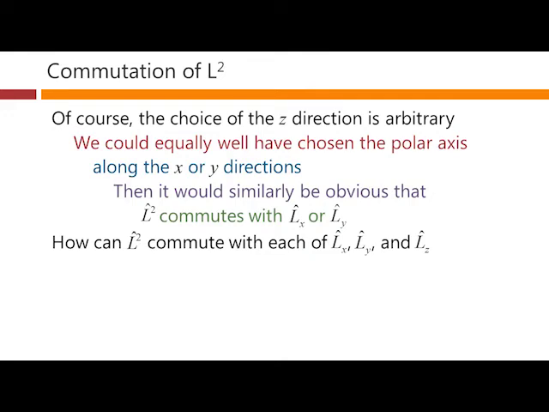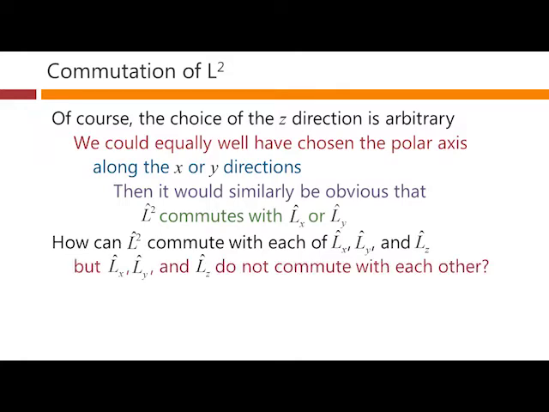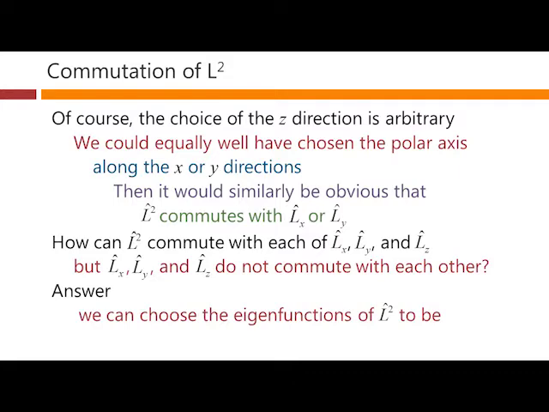How can it be that L squared can commute with each of Lx, Ly, or Lz, but these operators, Lx, Ly, and Lz, do not commute with each other? The answer is that we can choose the eigenfunctions of L squared to be the same as any one of the sets of eigenfunctions of Lx, or of Ly, or of Lz.